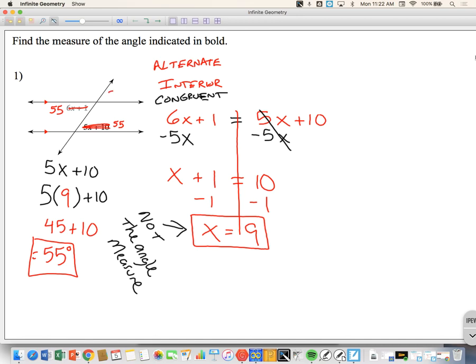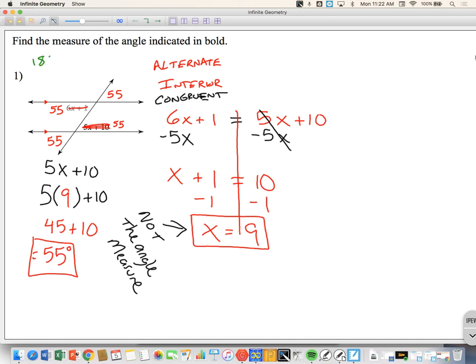I'm going to fill out the other angles that are 55 as well. And those are all our acute angles. In this case, they are vertical to our 55-degree angles. Just as a reminder, in order to find the other degree measure, we know that the two angles have to add to 180 degrees because they're supplementary to one another, meaning they add to 180.